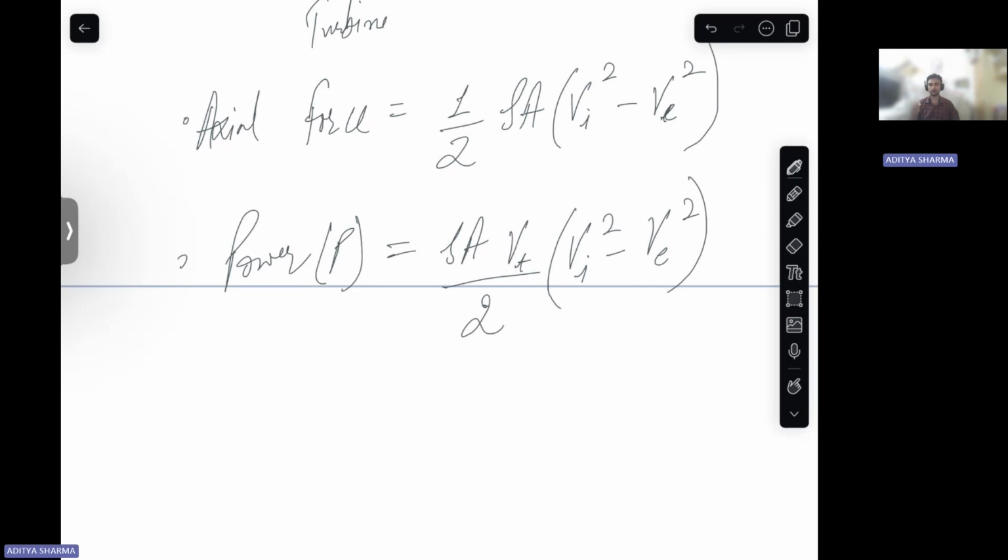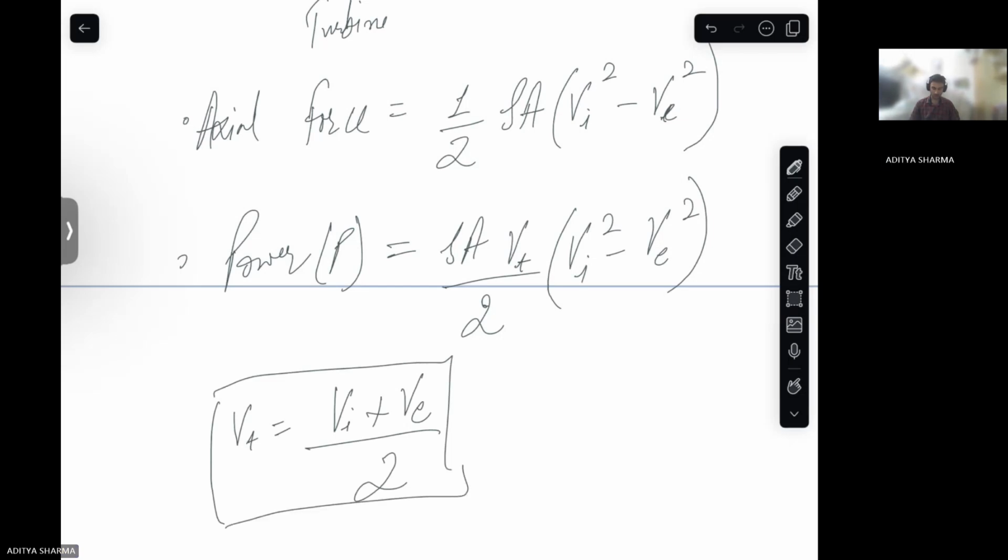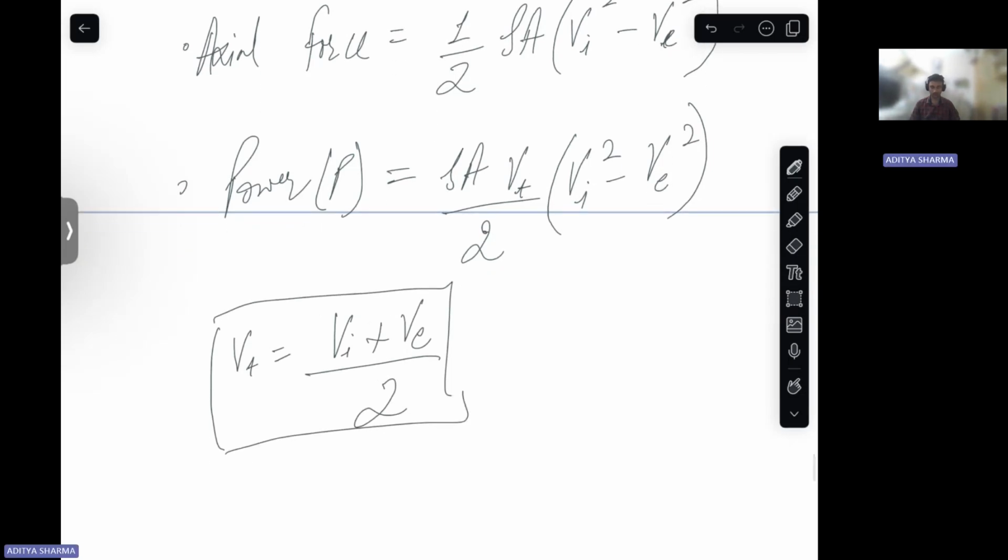That value can be calculated. Through some mathematical operations that can be done and Vt is found. Vt comes out to be basically Vi plus Ve by 2. Okay. But power here is rho A Vt by 2 into Vi square minus Ve square. Alright.